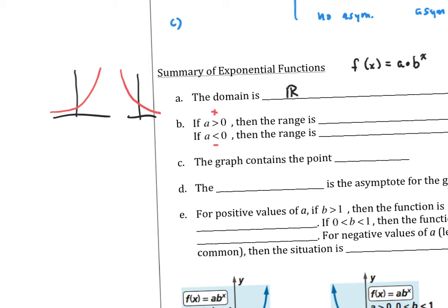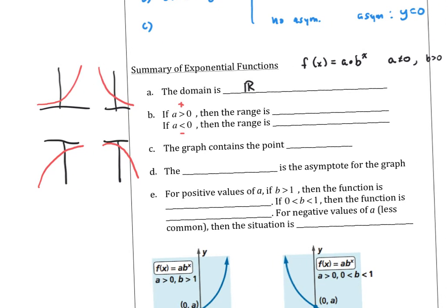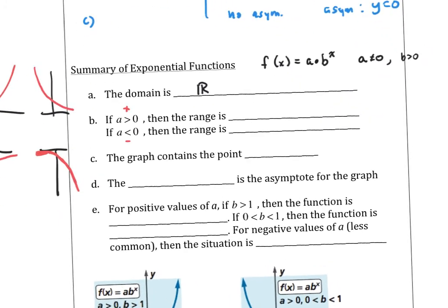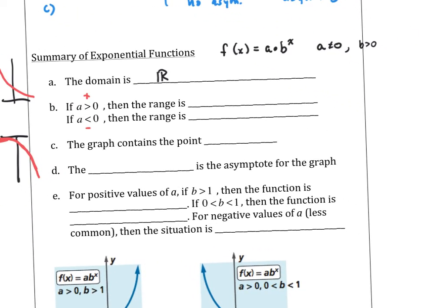If a is negative, it flips things upside down. So we get this one here, or this one like that. I apologize, that's not a parabola, so flat lines almost. All right, so then the range is positive numbers, and here the range is negative numbers.